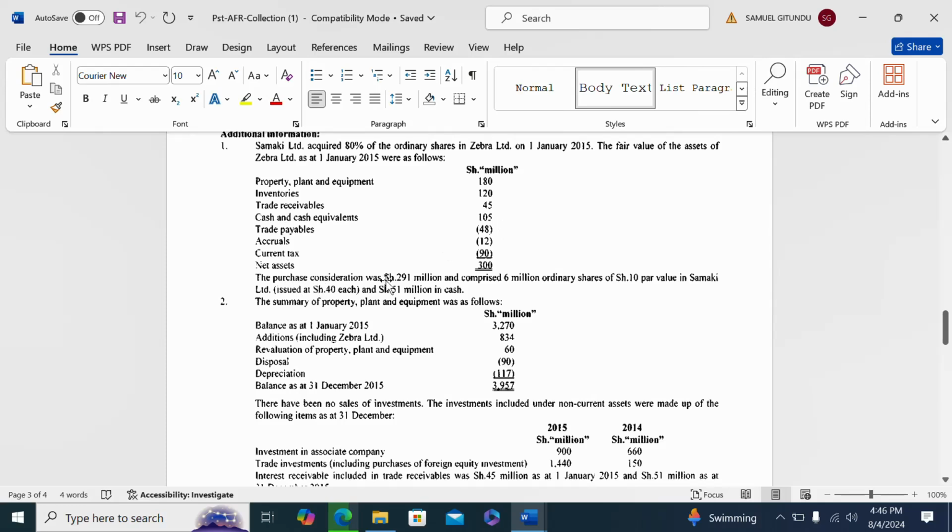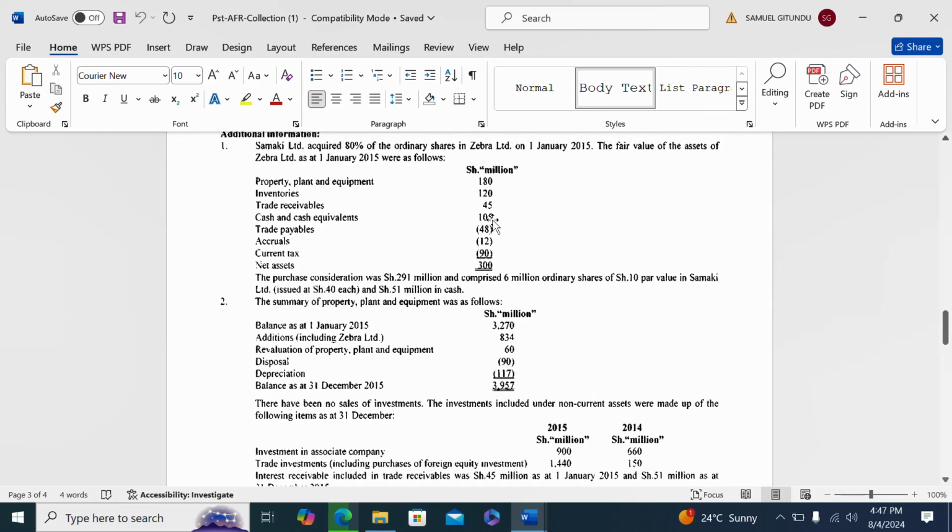And the amount of cash that we paid to acquire the subsidiary is 51 million, because the purchase consideration was 291 million, which involved 6 million ordinary shares of 10 par value in Samaki Limited at shillings 40 each. So out of this 291 million, the total purchase consideration, 51 million was cash and the rest was through the exchange of shares. So we will take the cash that came in.